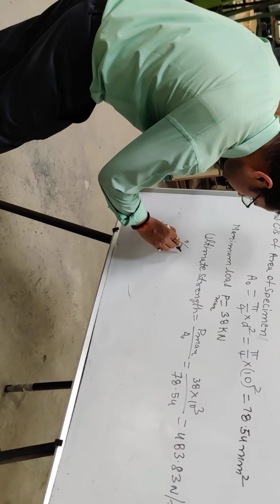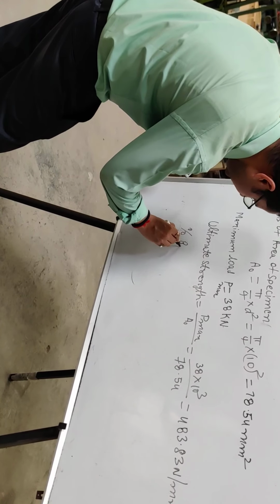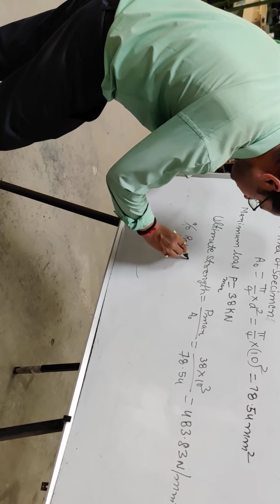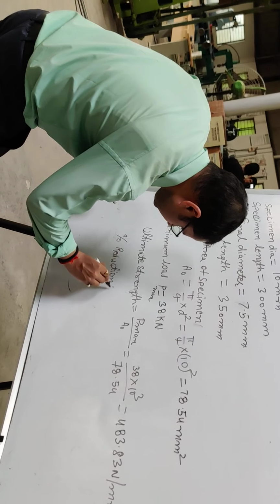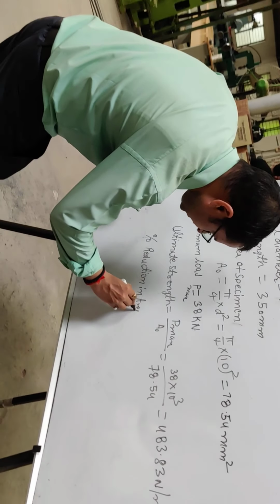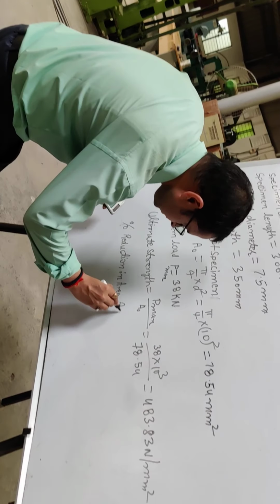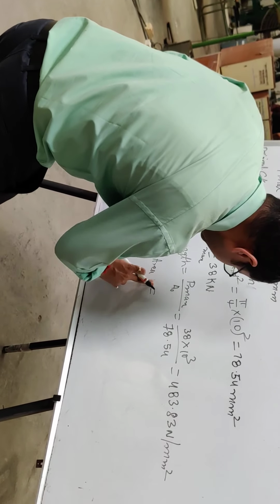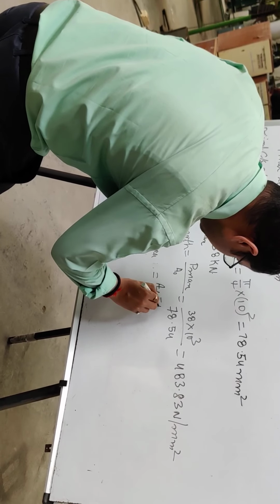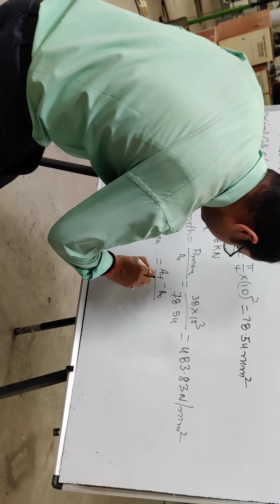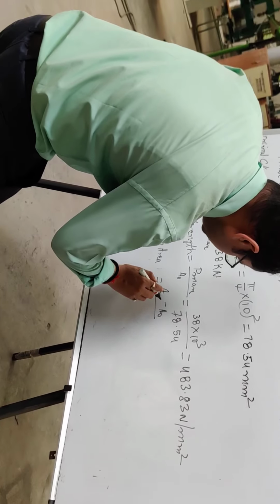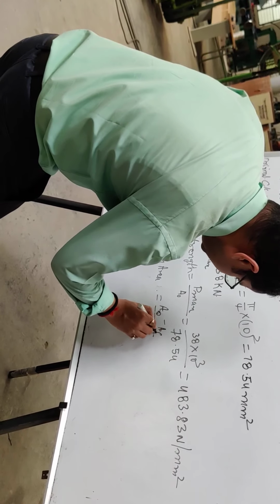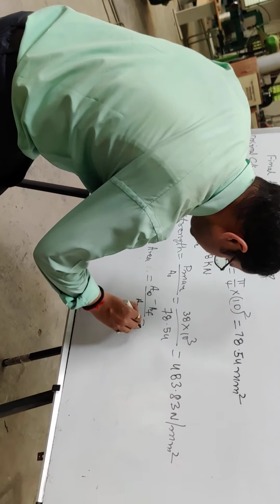Percentage reduction in area, you have to calculate. So original area minus final area upon original area.